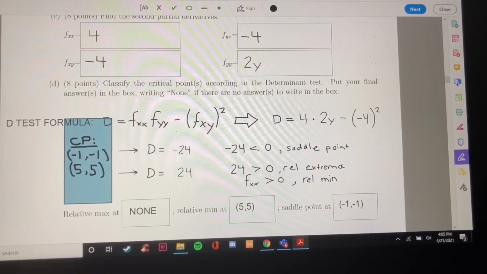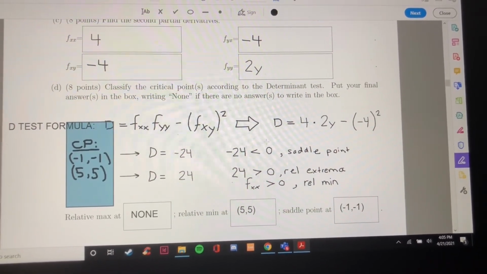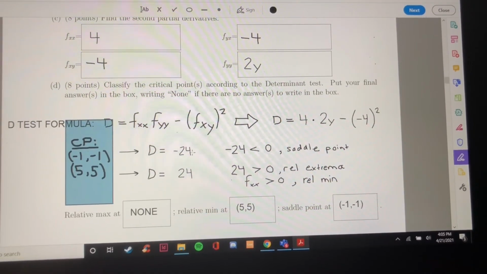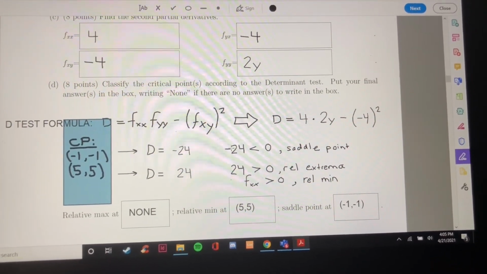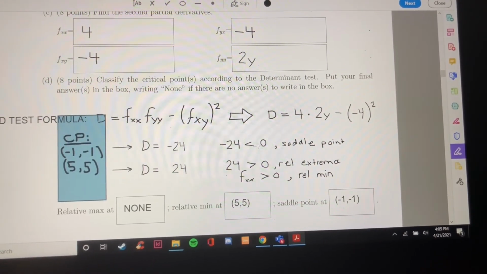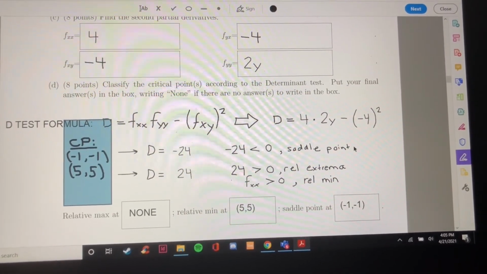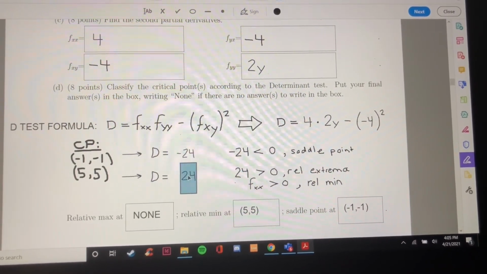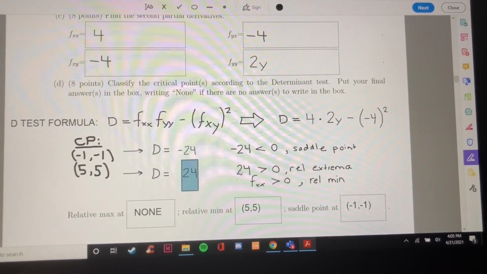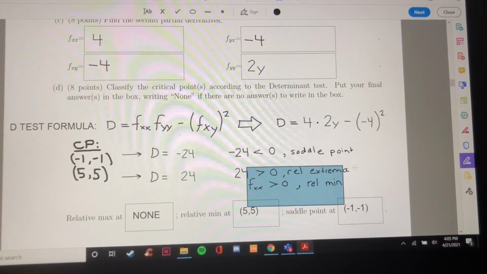So when we do that, we plug in negative 1 for y here. We get d equals negative 24. As we know, whenever the d value is less than 0, it's a saddle point. Here we get d equaling 24, which is greater than 0, which means it's going to be a relative extrema.